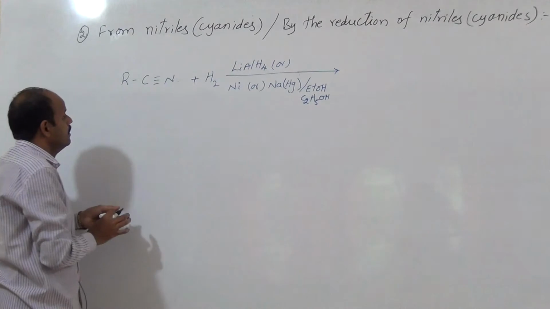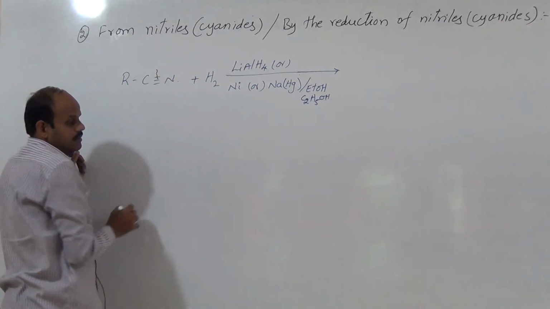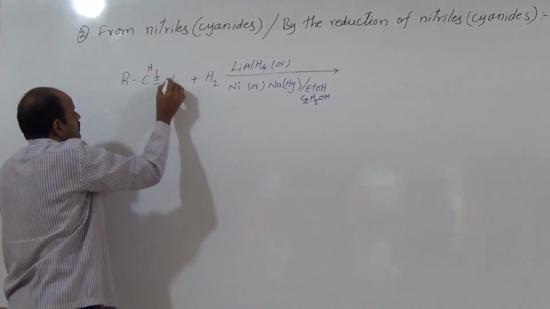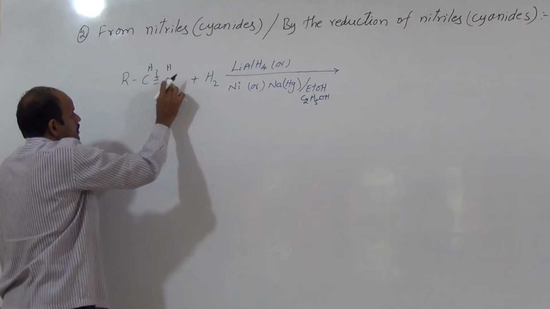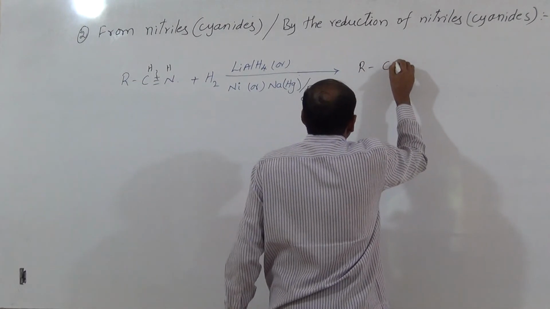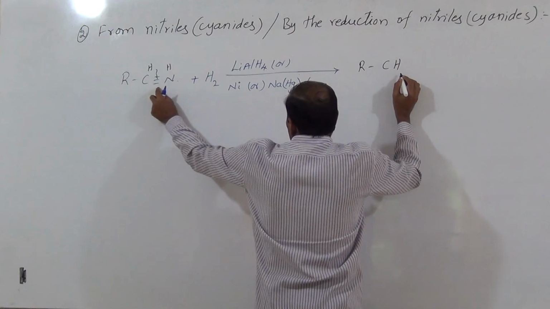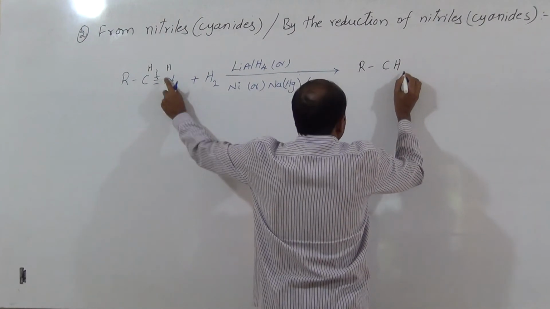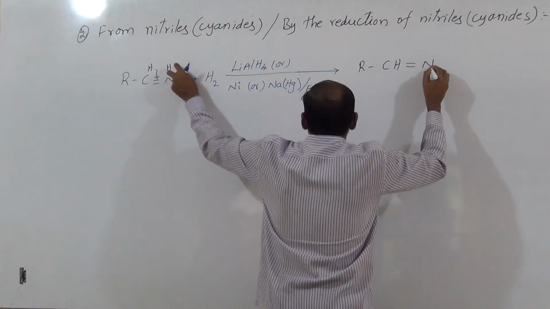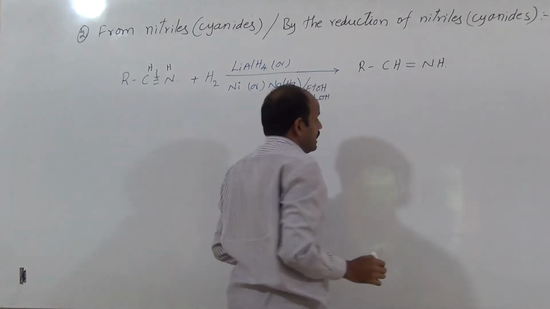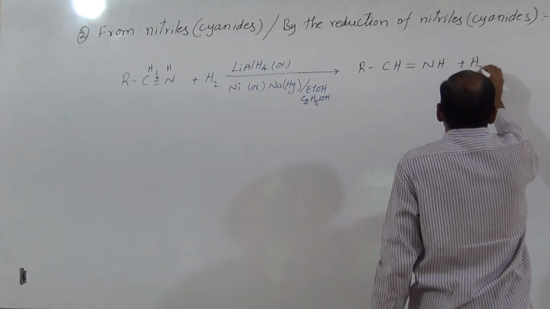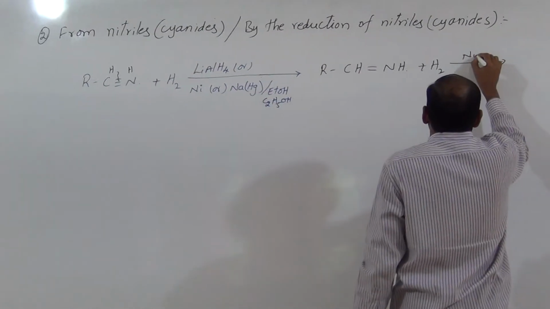first one bond will break down like this. Then we have two hydrogens now. Thus one hydrogen can attack carbon, and another hydrogen can attack nitrogen. Thus we get RCH. This hydrogen is added to this one, and out of the 3 bonds, one is broken. Then the remaining are 2 bonds, and on nitrogen 1 hydrogen is added, and thus we get an imine, which again undergoes reduction in the presence of the same reducing agents.